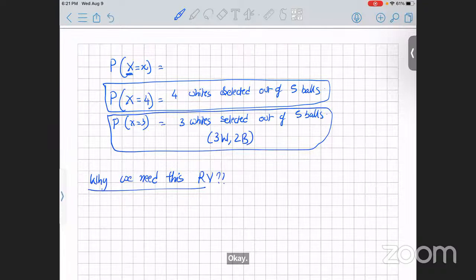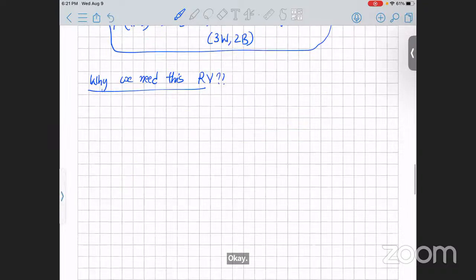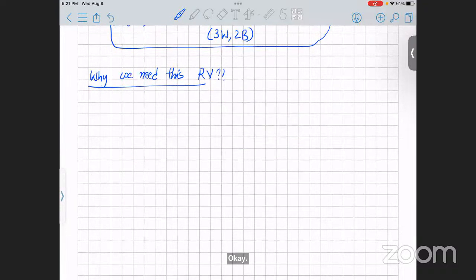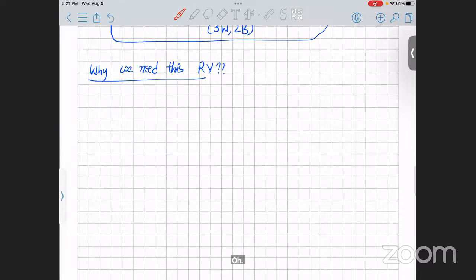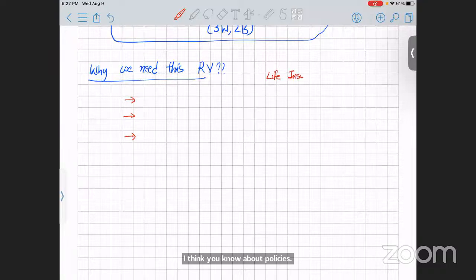Okay, I will give you a hint. This is somewhat tricky. Listen carefully. For suppose there are three options for you. I think you know about policies, life insurance policy. This is just an example.